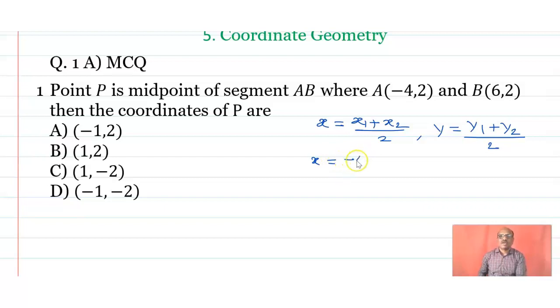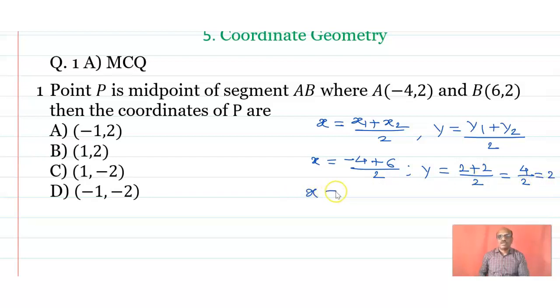x1 is here -4, and x2 is 6, upon 2, and y is 2 plus 2 upon 2. 2 plus 2 is 4 upon 2, and that equals 2.